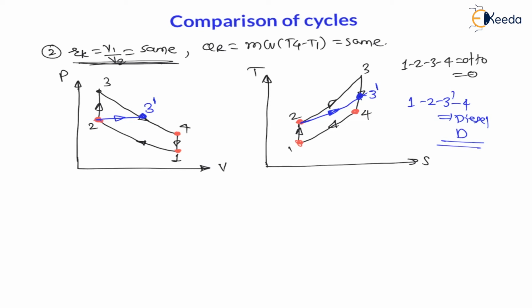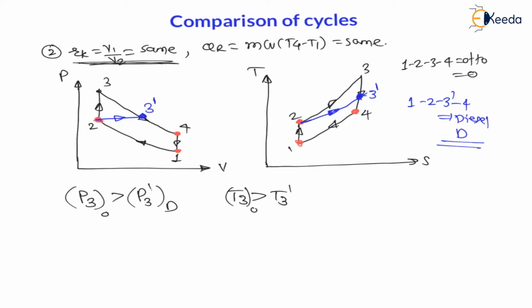Now let us understand the things, right? Can you see here that the maximum pressure in case of Otto is more than the maximum pressure in case of diesel. Then the maximum temperature of Otto is more than the maximum temperature of diesel. Therefore T3 is more than T3 dash.